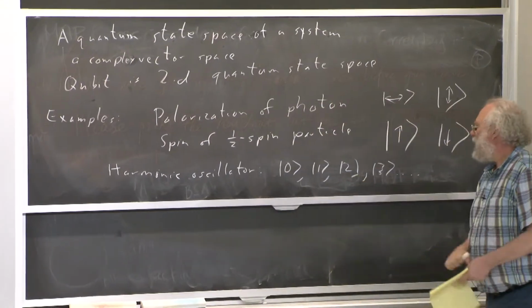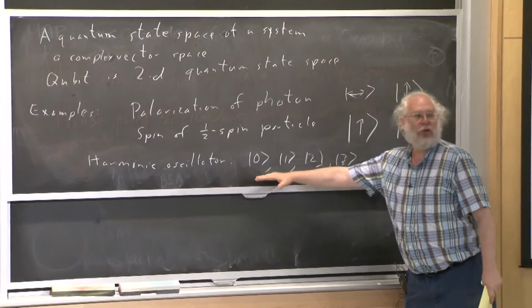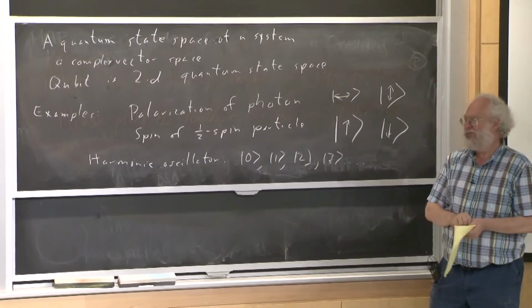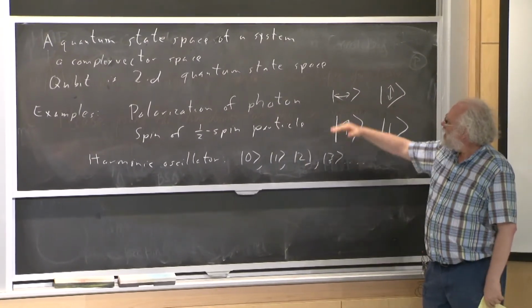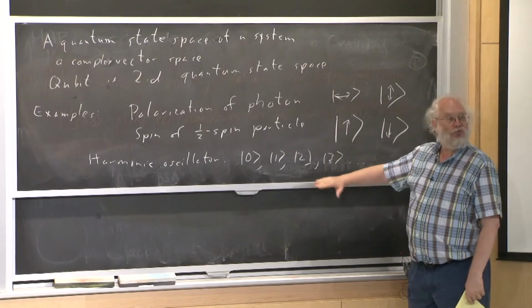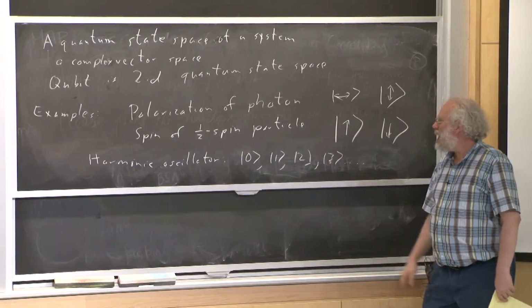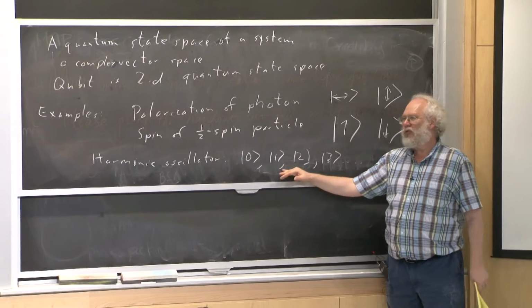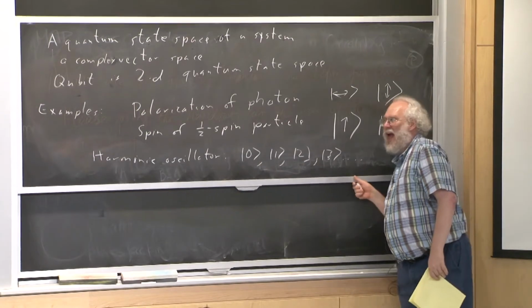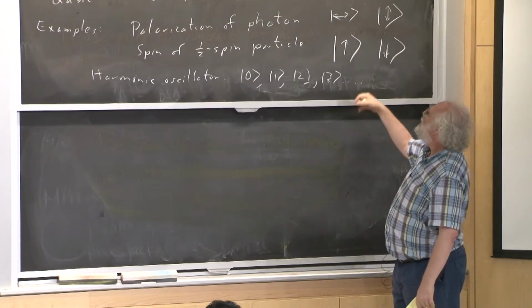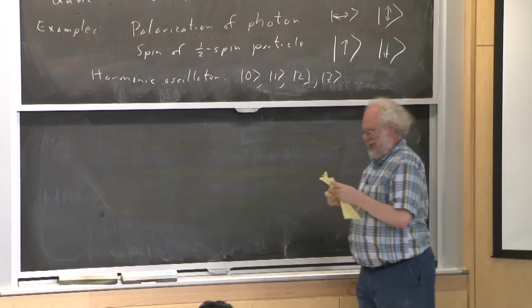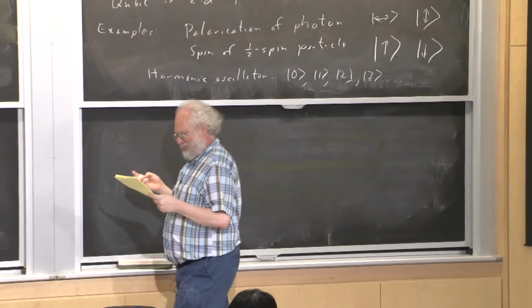A harmonic oscillator can be in a state corresponding to any natural number. We won't be doing harmonic oscillators in this class, but if you've had any quantum mechanics, you've seen this. And I will try to explain what this means a little bit later.